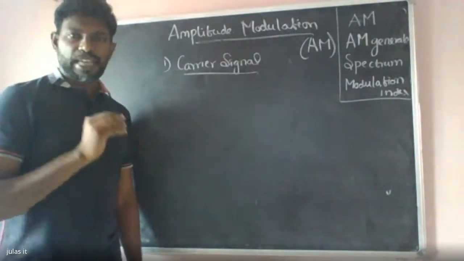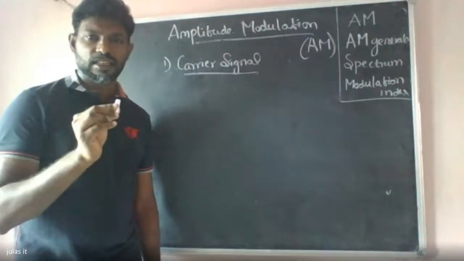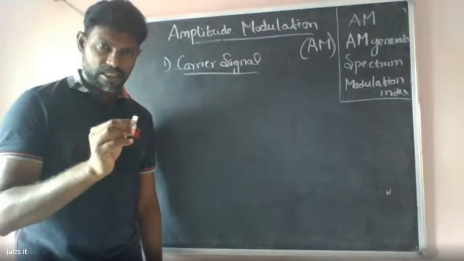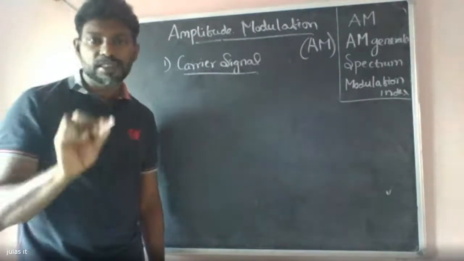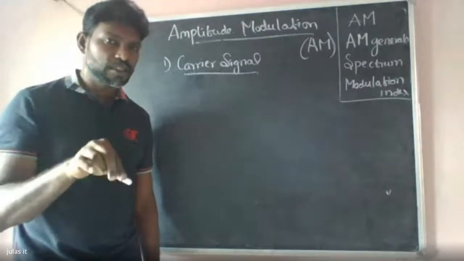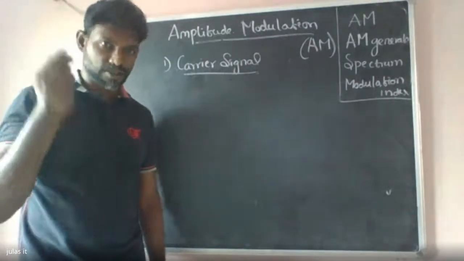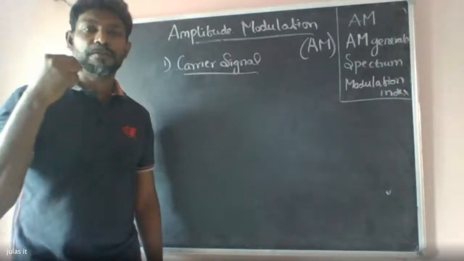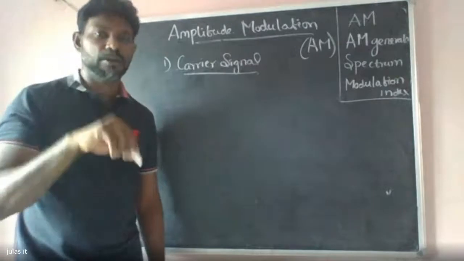Whenever we say carrier signal, already in the last class we have seen the carrier signal frequency is much higher than the message signal. We call the message signal a low frequency signal, and the carrier signal a high frequency signal. So here the frequency of the signal will be very much higher compared to the message signal.